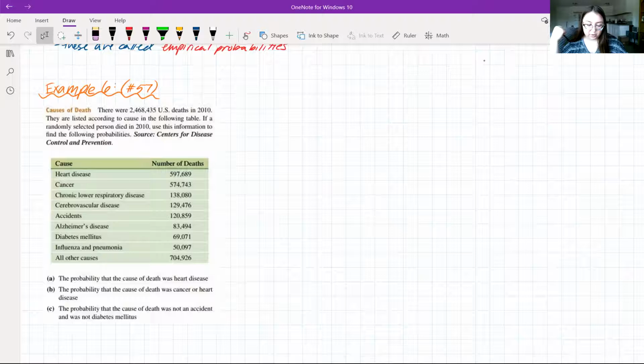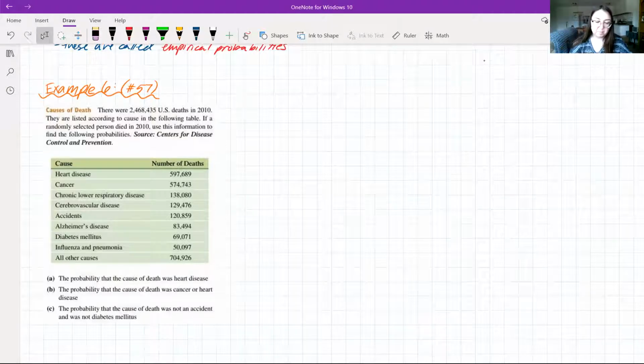For the causes we have heart disease, cancer, chronic lower respiratory disease, cerebrovascular disease, accidents, Alzheimer's disease, diabetes mellitus, influenza and pneumonia, and then we have all other causes. So we have all these different causes of death, and then we have our overall numbers.